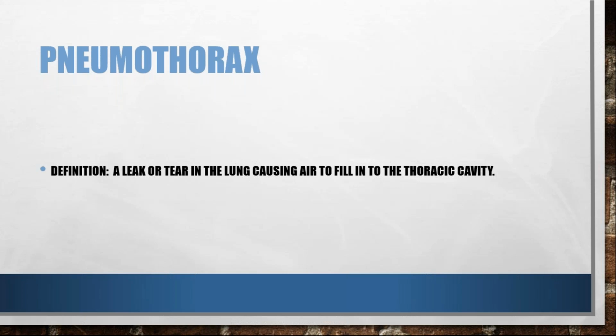And again, if it continues to go untreated, it could push basically everything in your thoracic cavity over to one side. So your heart, your trachea, everything that's housed in there is going to be pushed off to one side. And if that doesn't get identified, that individual is going to go into cardiac arrest very quickly.